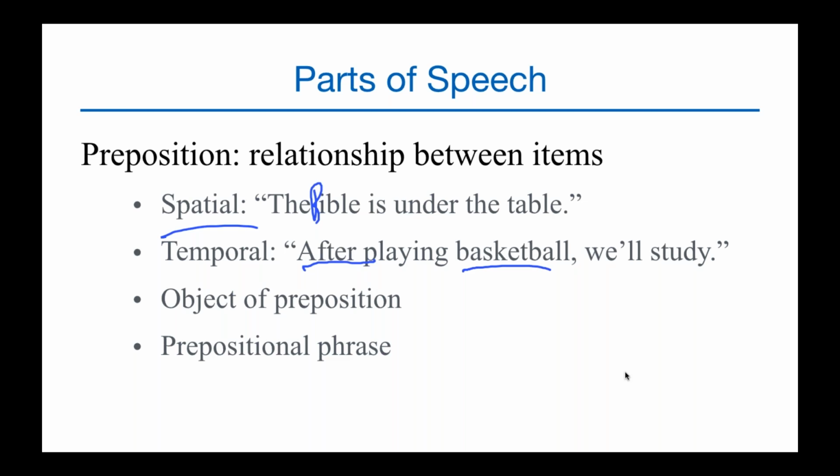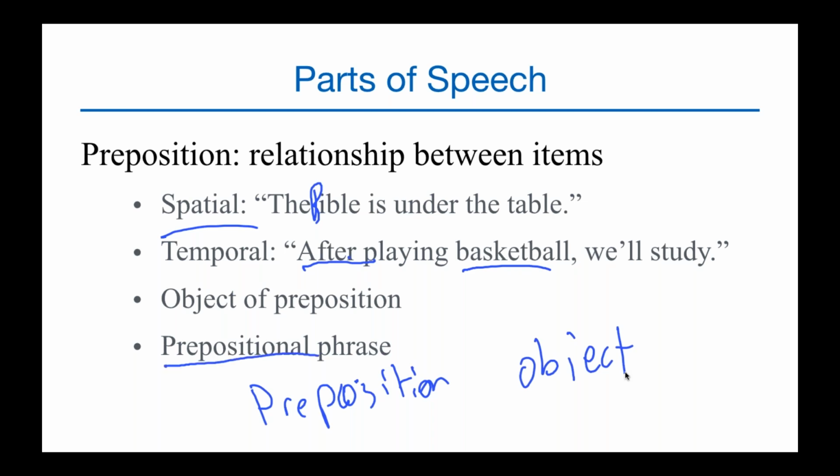A prepositional phrase consists of a preposition and an object of a preposition. So the preposition will usually begin it, and the object will usually be the end of it. And all those words together is a prepositional phrase.